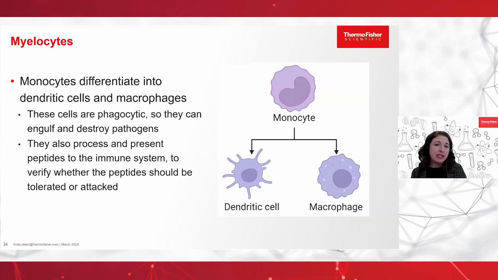Further myelocytes include the monocytes, which differentiate into dendritic cells and macrophages. All of these cells are phagocytic, so they can engulf and destroy pathogens. They also process and present peptides to the immune system to verify whether the peptides should be tolerated or attacked.